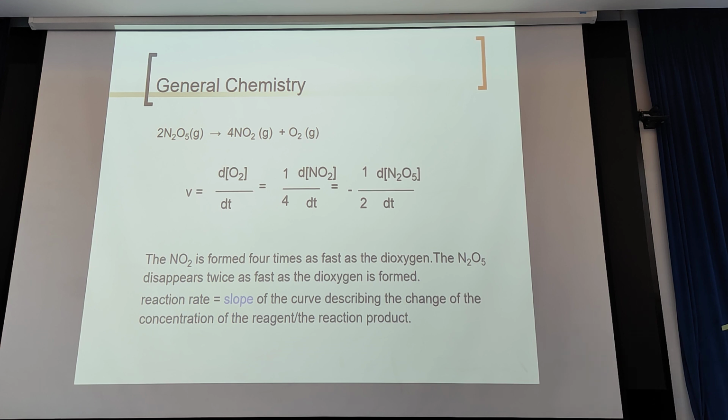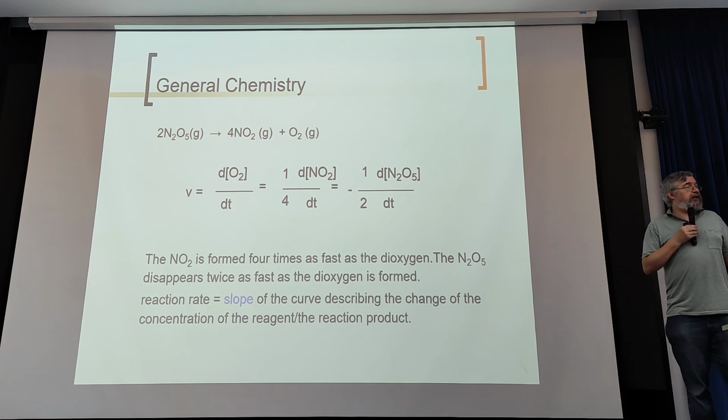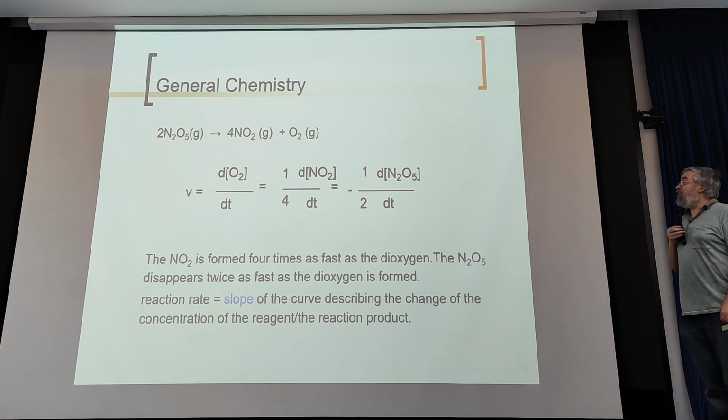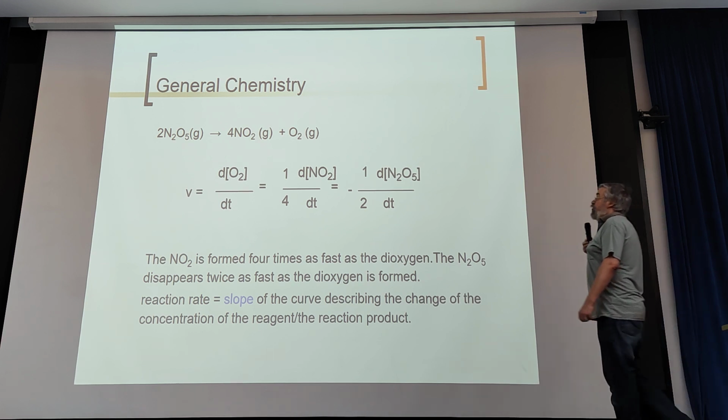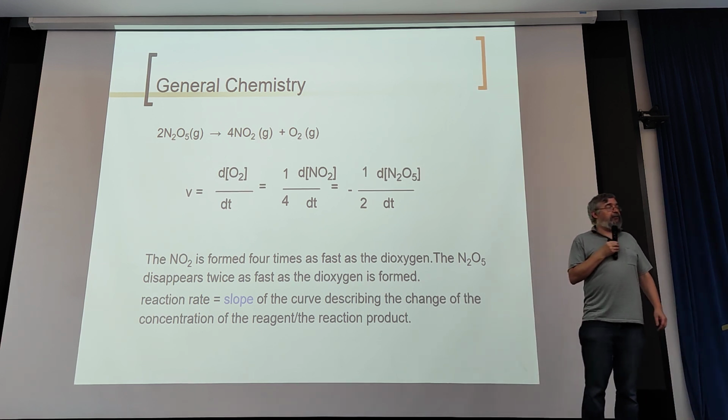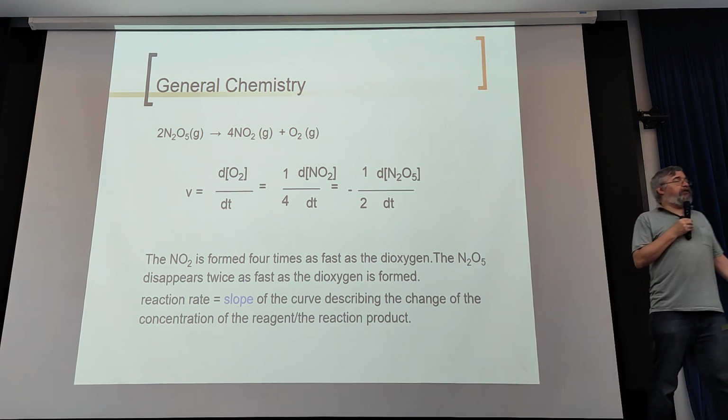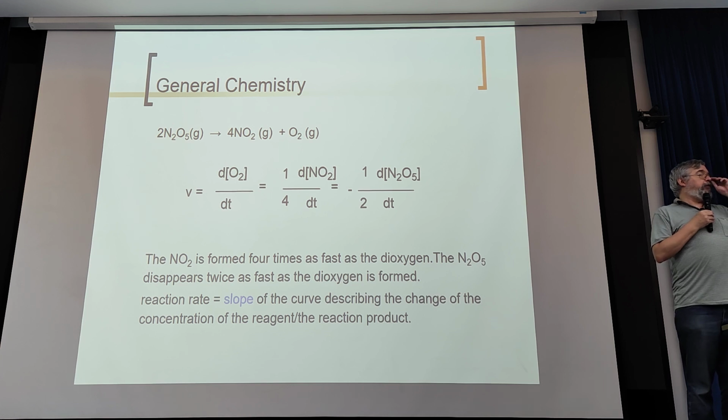Okay, so we can now look at the rates, and actually this could be said to be the formation of oxygen in time. It could also be said to be the formation of NO2 in time, but there are 4 NO2s for every oxygen.